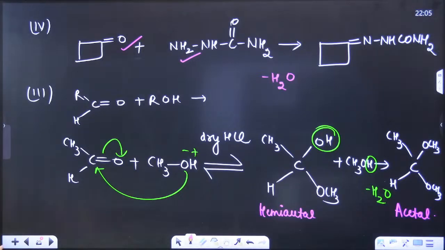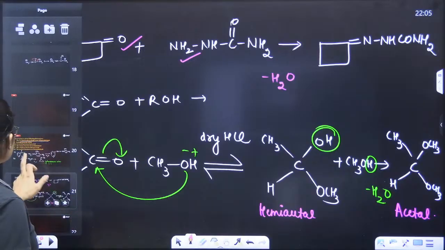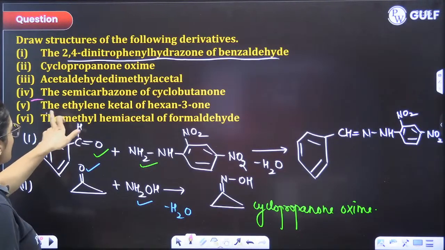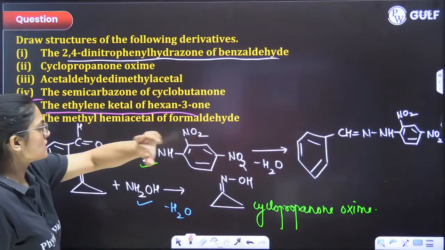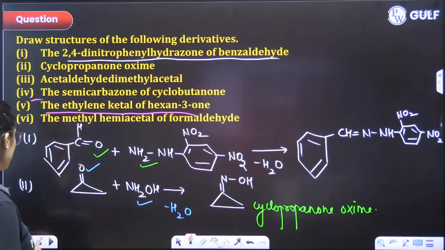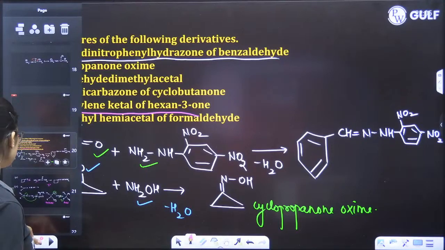Okay, let's move ahead towards the next one. Third and fourth are done. Next, we have the ethylene ketal of hexane 3-one. That means we have to carry out the reaction of hexane 3-one with ethylene glycol, and you'll get ketal.